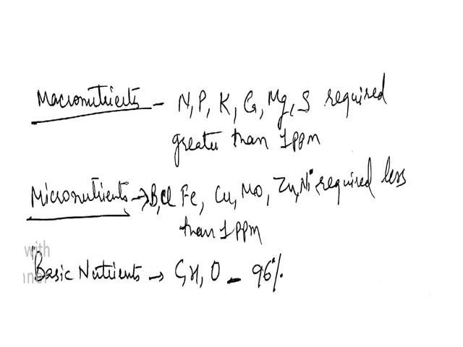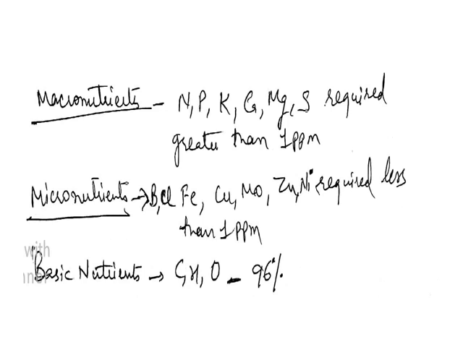These are called macronutrients because they are required in a greater amount, meaning greater than 1 ppm, or 1 part per million. Micronutrients are those required in a lesser amount, less than 1 ppm.